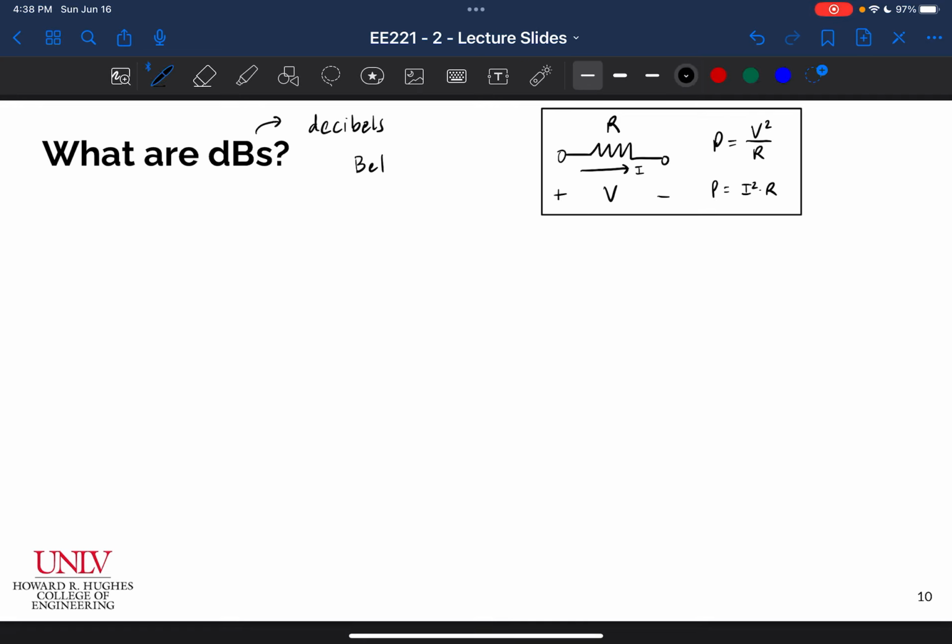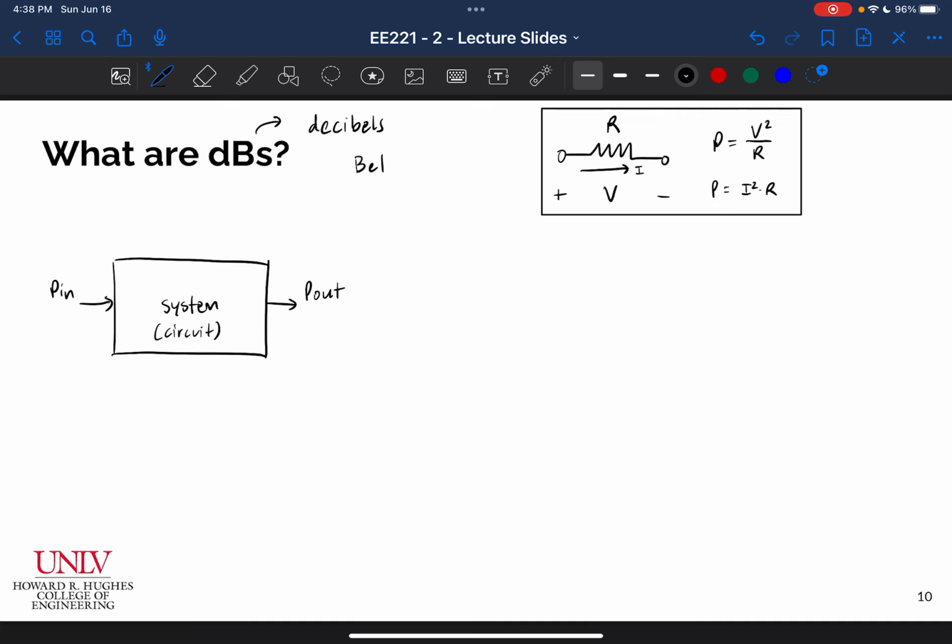So let's say I have some ratio of powers. I have some system. It might be a circuit, it could be a communication system, a transmission system, whatever. It has some amount of power, P in, flowing into the system, and some other amount of power, P out, flowing out of the system.